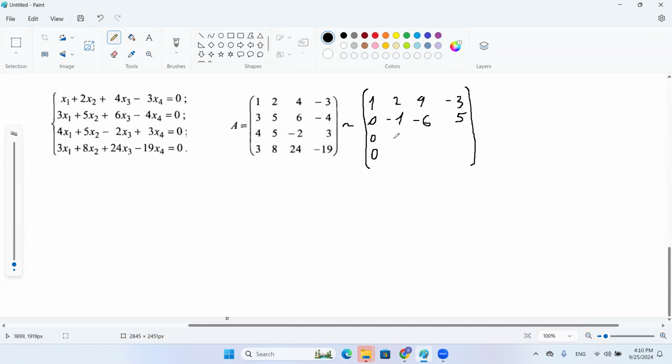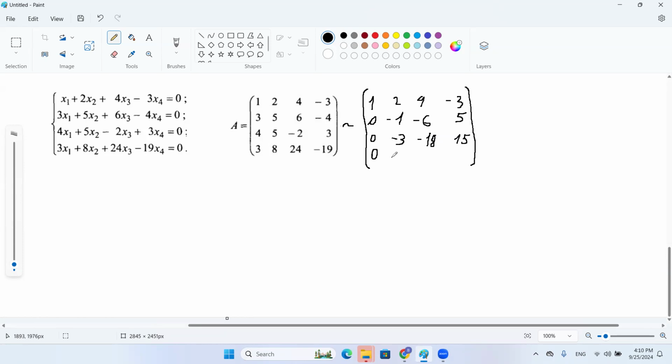And here we need to multiply by -4. Here will be -3, -18, and 12. No, 15. 15, correct.